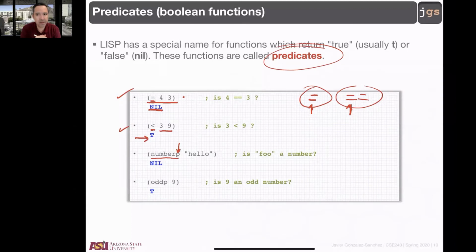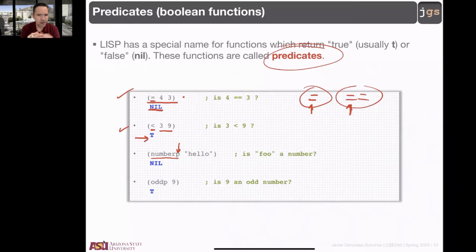The p is because of predicate. So for instance, numberp is like, okay, this is a function and I have no idea what this function is doing, but the p is telling me that it's a predicate. Therefore, when I call this function, what I am going to get as a result is going to be t or nil.